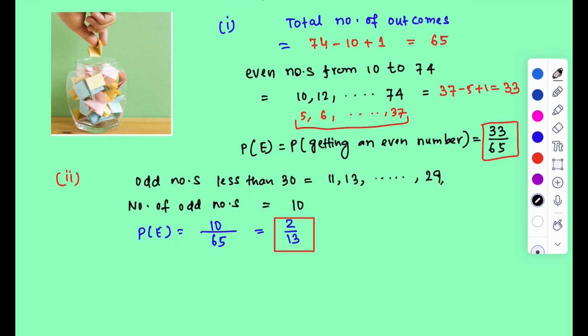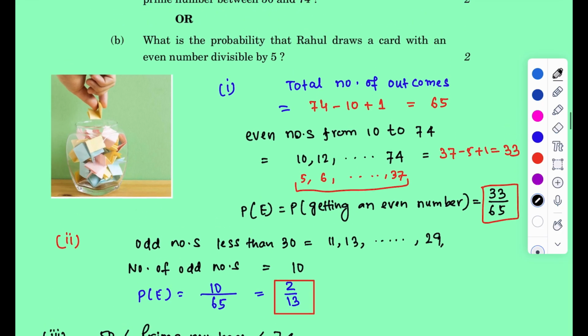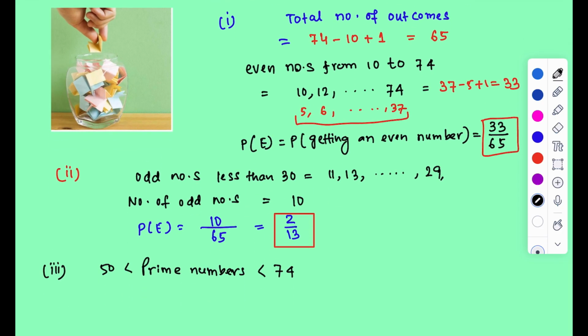Okay. Which are the prime numbers between 50 and 74? Prime numbers which are less than 74 and greater than 50 are: 53 is the first one.